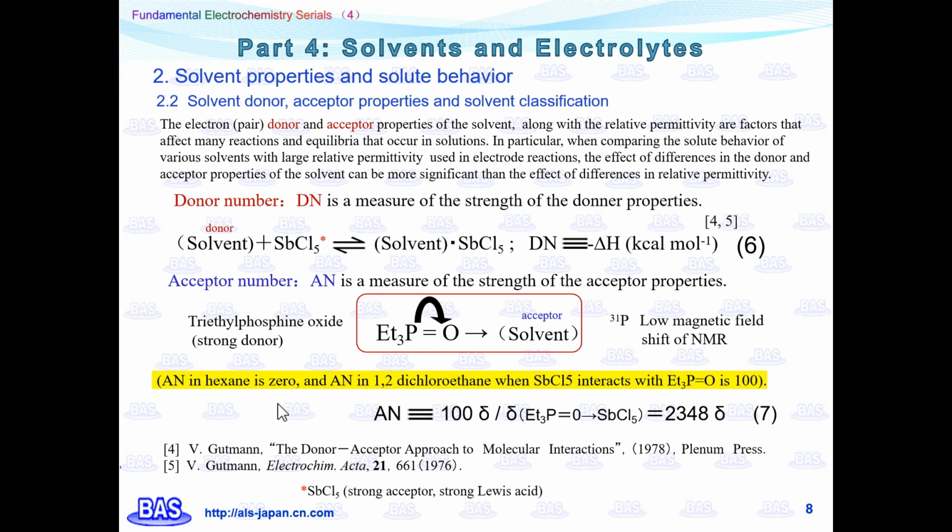The acceptor number in n-hexane is defined as 0. The acceptor number of the interaction between antimony pentachloride and trialkylphosphine oxide in dichloroethane is expressed as 100. The acceptor number of the solvent can be calculated by equation 7. The larger the value, the stronger the acceptor of the solvent.